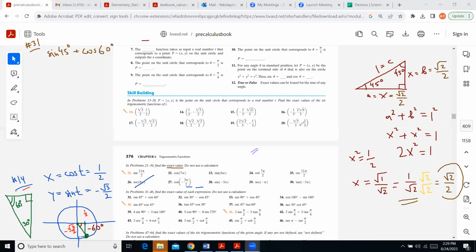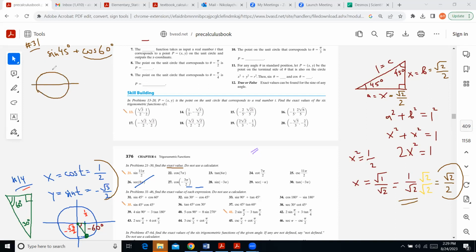It looks like, instead of cosine of 60, I already know what to utilize: the 1/2 and square root 3 over 2 story. So let us make those little pictures again of the unit circles and figure this out.